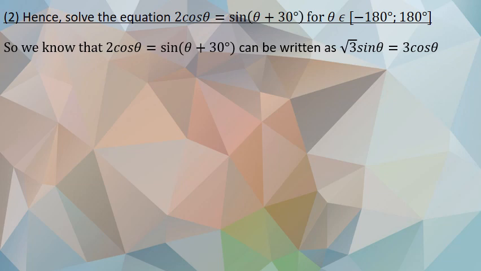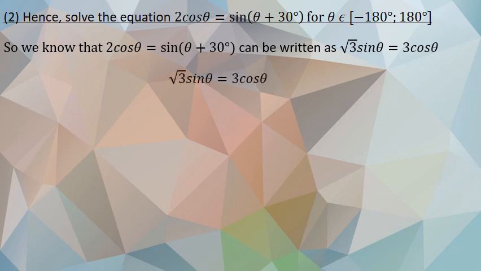Even if you couldn't do it, if you didn't know which compound identity to apply, or if you felt like you were struggling, don't worry about your actual working out from the previous question, but use the previous question's information. So we know that 2 cos theta equals sine of theta plus 30 can be written as root 3 sine theta equals 3 cos theta. So let's solve that equation there on the right.